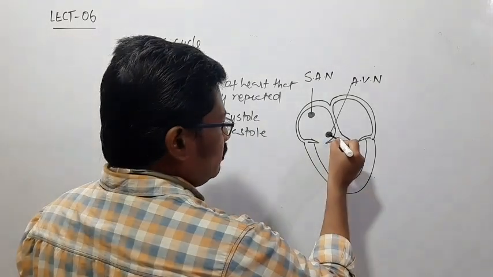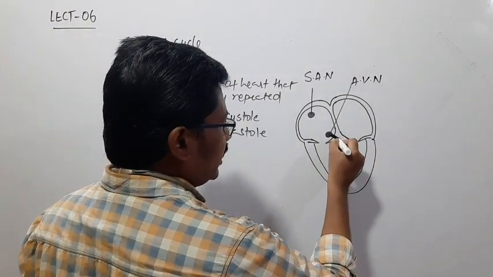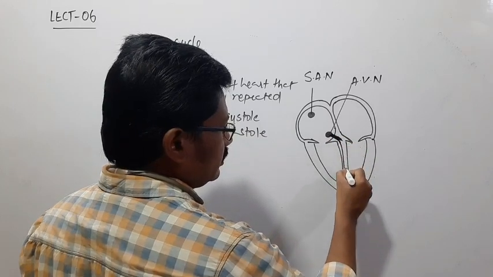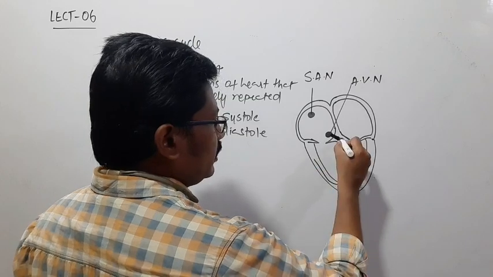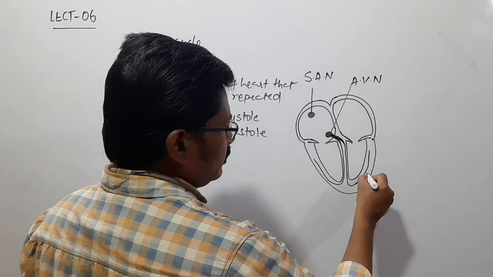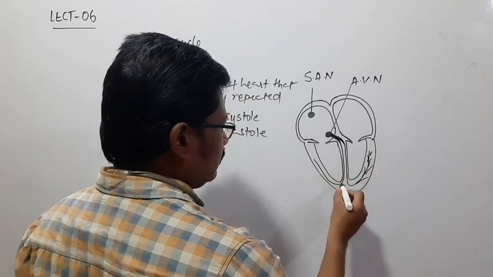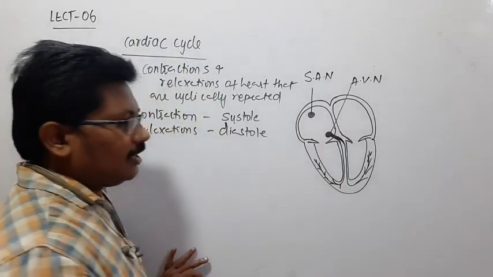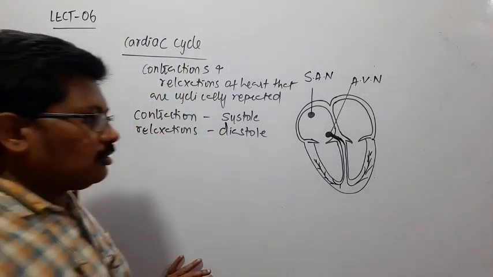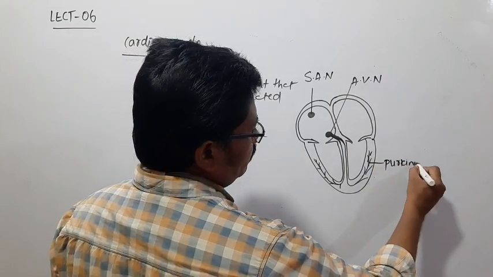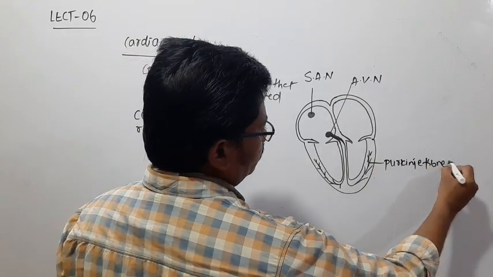And from here we have the atrioventricular bundle, and that bundle will divide into the left bundle and the right bundle. The left bundle and the right bundle will enter the left and right walls of the ventricles, and they form Purkinje fibers.